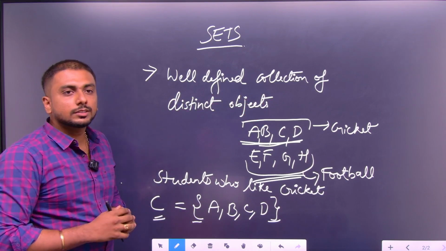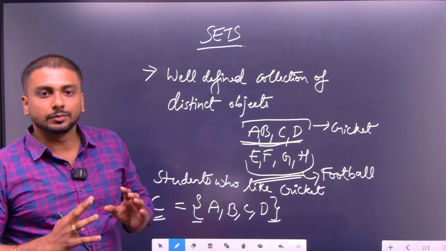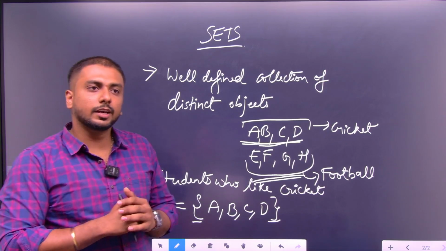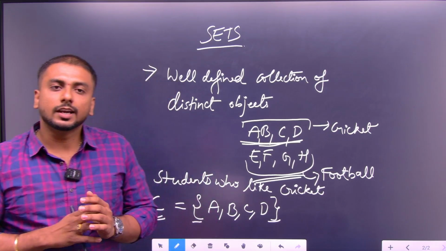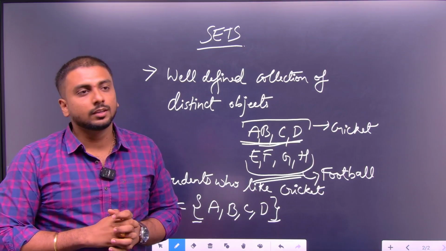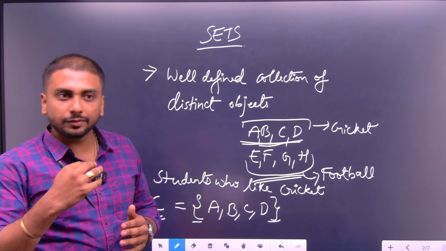Well defined. What does the statement well defined mean? There shouldn't be any exception to the definition. For example, if I say let's have a set of beautiful flowers, beautiful flowers might be different for you and different for me.